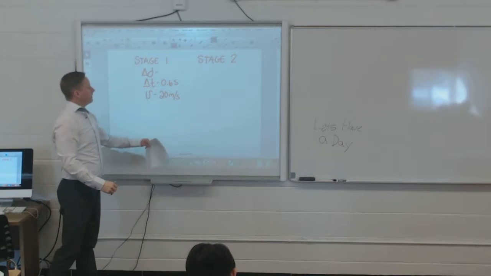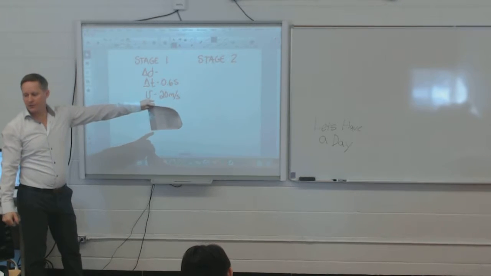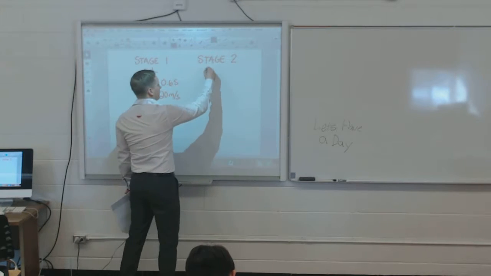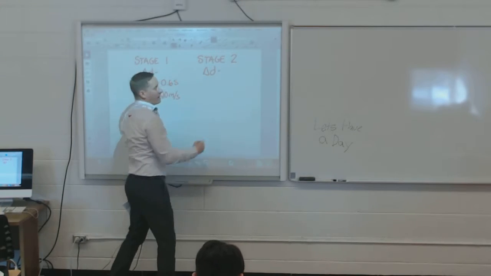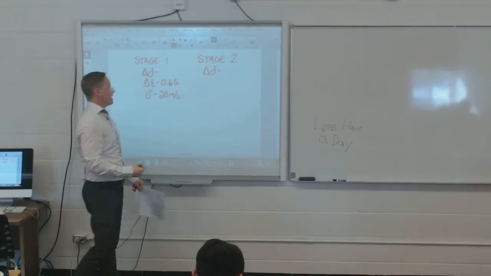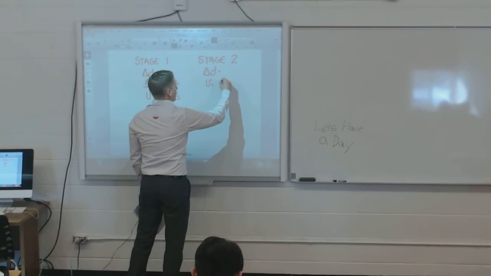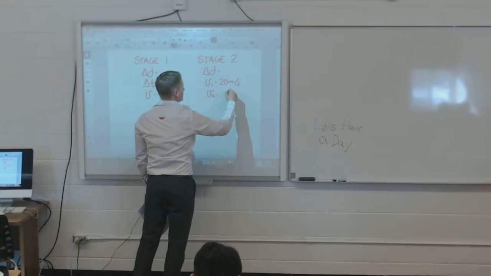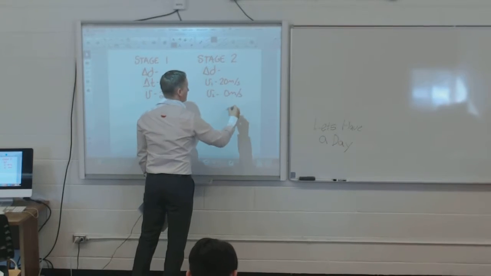So now, I can find out how far I traveled before I hit the brake. Right? Oh, actually, now I need to find out how far I travel as the car is slowing down to a stop. So V1 is 20 meters per second. V2 is 0 meters per second.